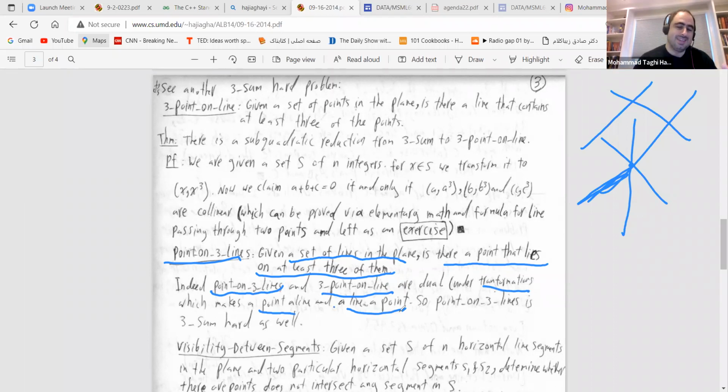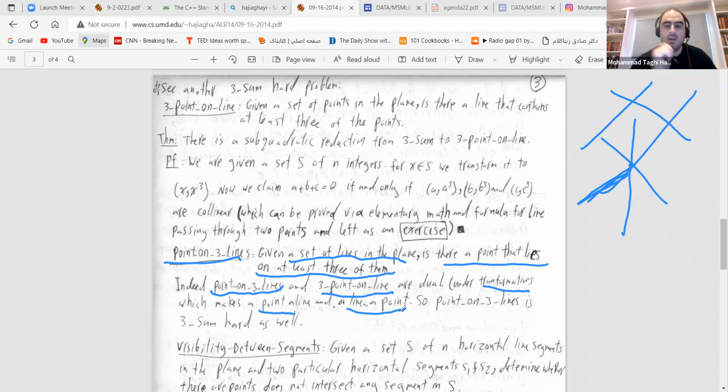So you can transform each line to a point and each point to a line. Under these reductions, these 2 problems are essentially equivalent, because we already proved that 3 points on a line is as hard as 3SUM.